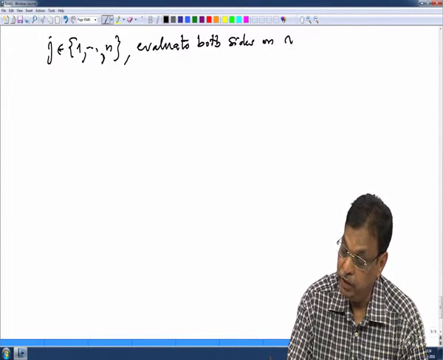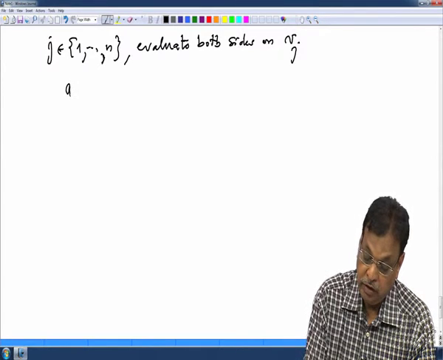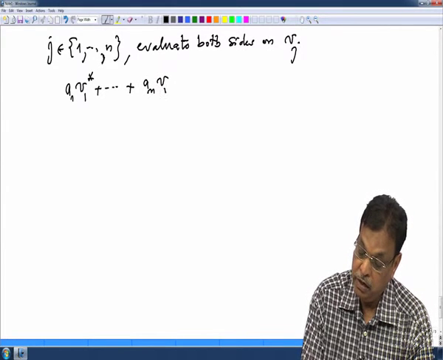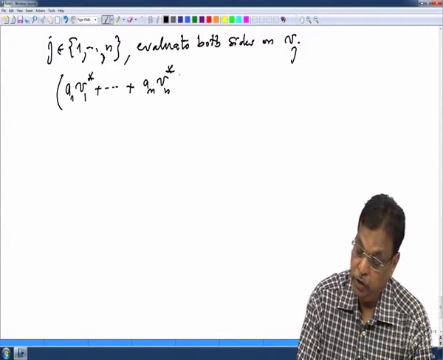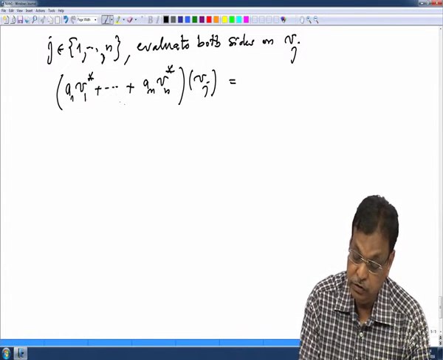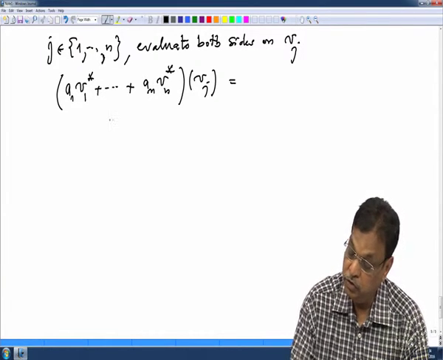on the vector Vj. On this side you will get A1 V1 star, etc., An Vn star evaluated at Vj, but the only term which will survive here is the jth term, and that has a coefficient aj. So, this is aj.